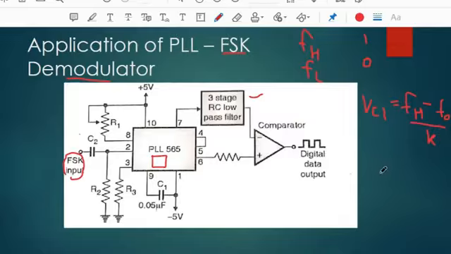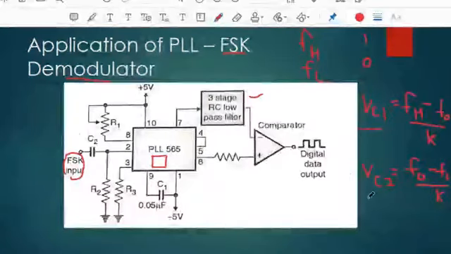When the input frequency is FL, the VCO control voltage is given by VC2 equal to F0 minus FL divided by K. These voltages are compared with the external reference voltage to produce a digital data output. Thus, FSK is demodulated.